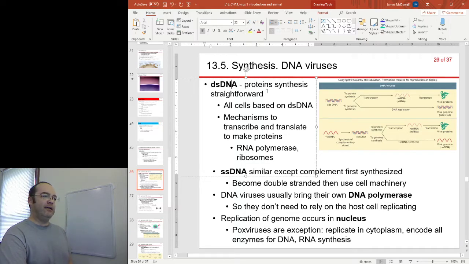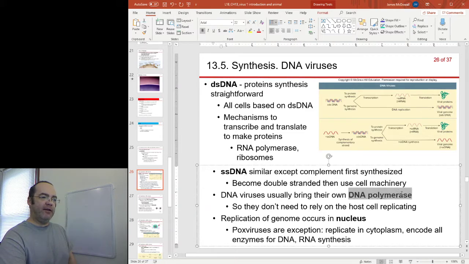Double-stranded DNA viruses are super straightforward because cells already work with double-stranded DNA. So RNA polymerase is ready to go to read double-stranded DNA and make messenger RNA. And then ribosomes are ready to go to read that messenger RNA and make the proteins.